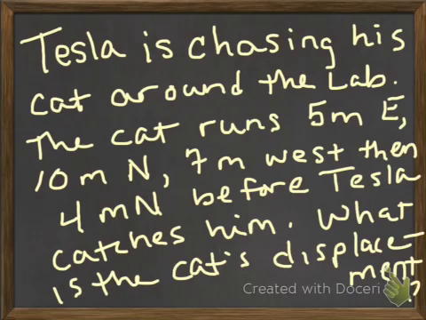So the first thing we're going to do is separate them, and we're going to look at them by their direction. We have the east-west direction, and we have the north-south directions. I always like to make a quick table of these.